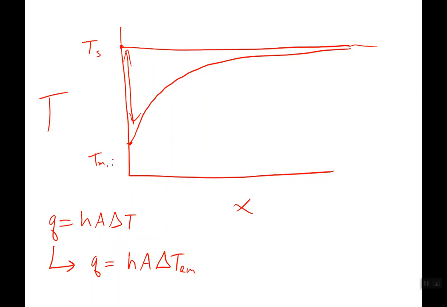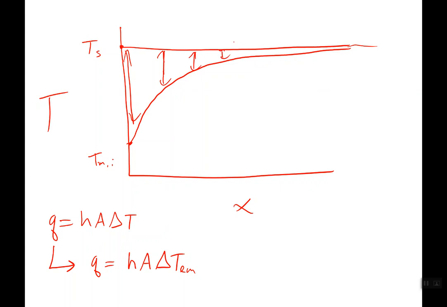So it's still a delta T. Delta T is still going to be our driving force. However, because we don't have a constant delta T down the length of our system, we're going to need to use this special form of delta T. And you can see this by looking at this graph. As our fluid goes down, again, our delta T changes all along the way.